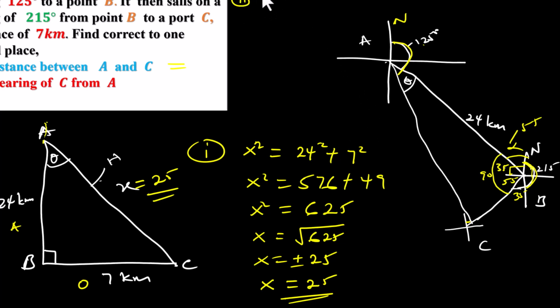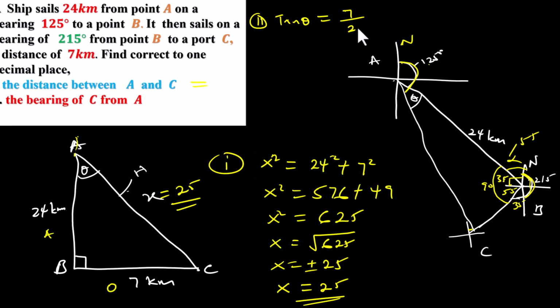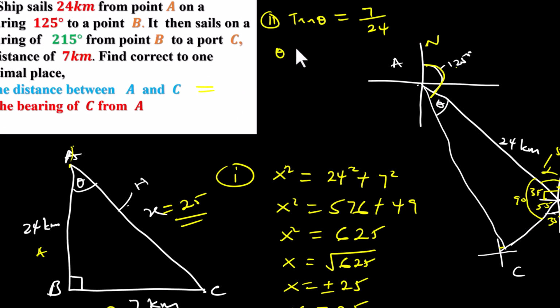Tan theta is opposite over adjacent, so 7 on 24. So theta equals tan inverse of 7 on 24. On the calculator, we have 16.26.